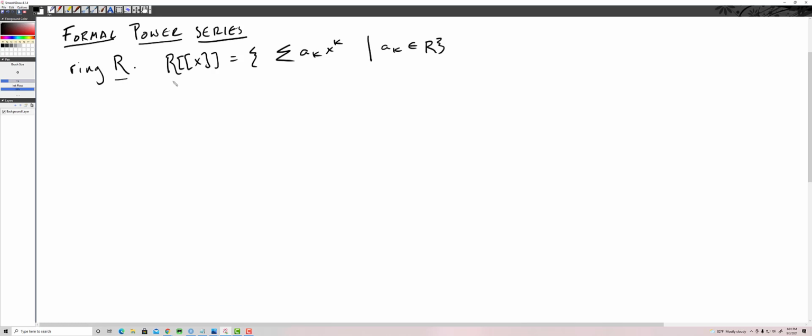I'm leaving a lot of stuff out here, but really all it is, the coefficients of a series that you create are going to lie inside R. So it's going to look just like a power series, but you're just going to have coefficients within R. For instance, you could have something like Z with the double brackets X, and this is how you denote it. You use these double brackets, or where we're really going to work, which is R, right? And here we have a field, so we can do even neater things there.